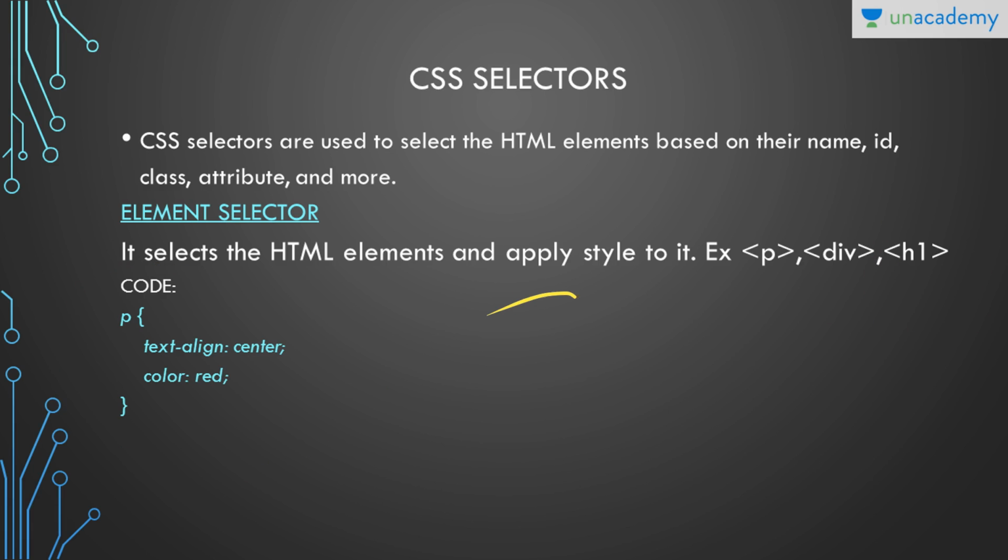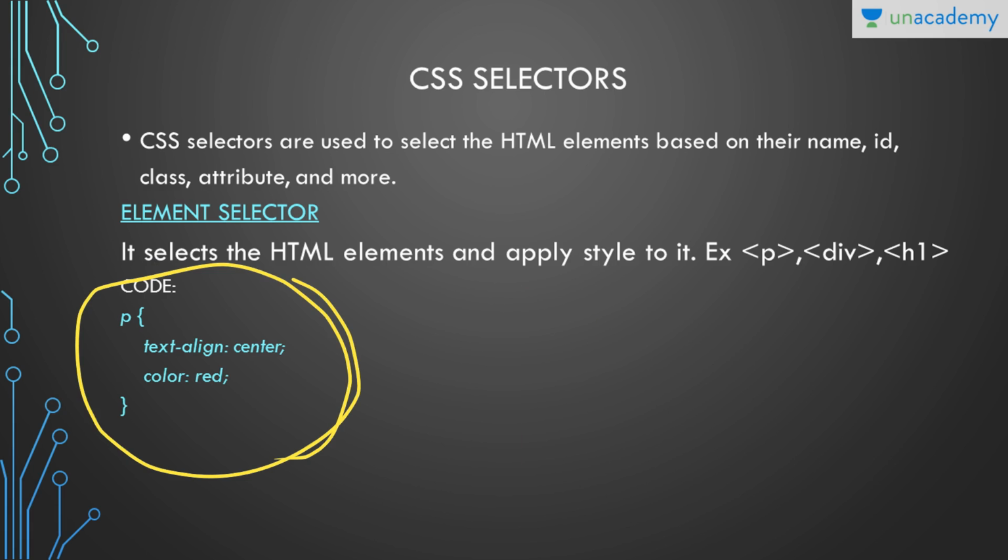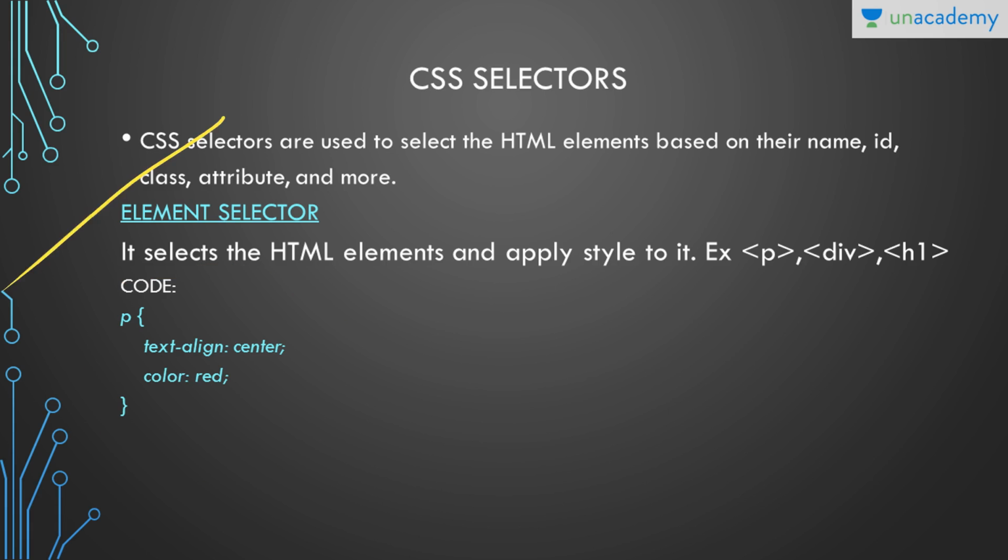We have selected the paragraph element, right, and applied a particular CSS code to it. So after this code, this style will be applied to all the paragraph elements that are available in our HTML document. So in this way we can use the element selectors, right?